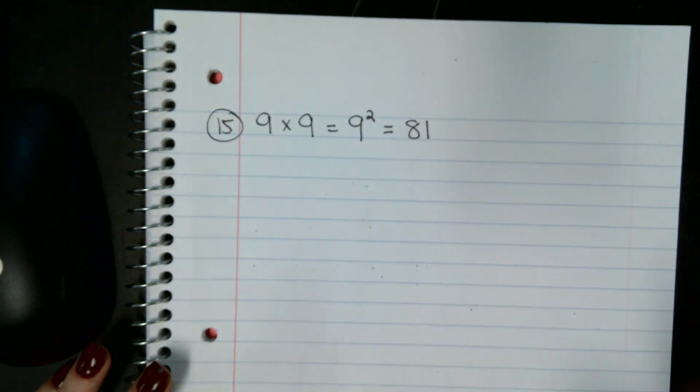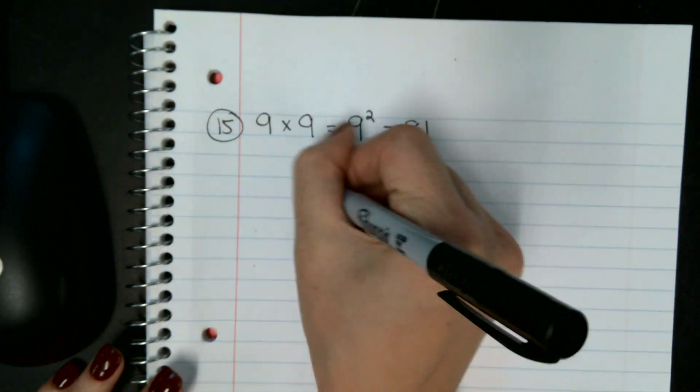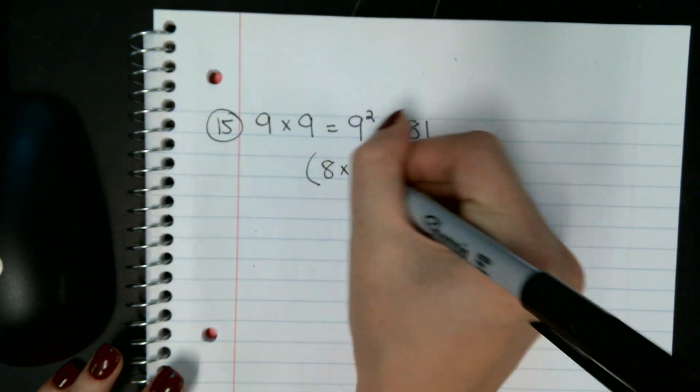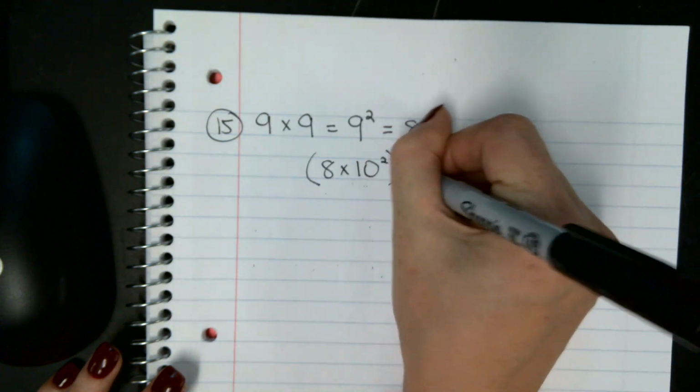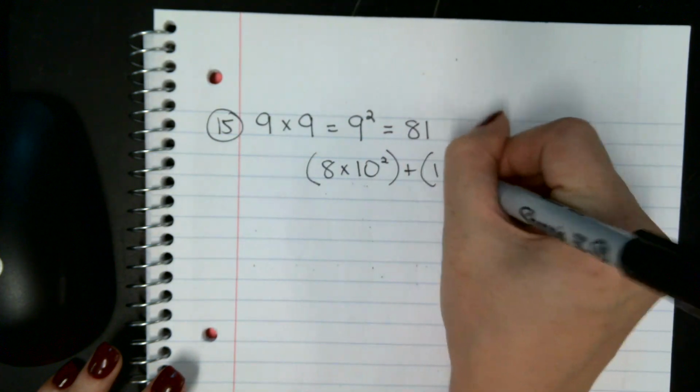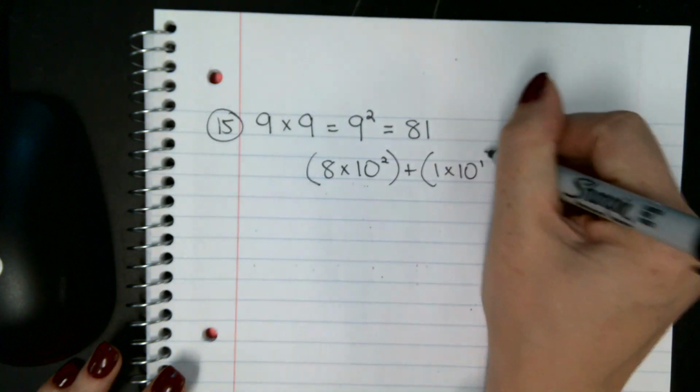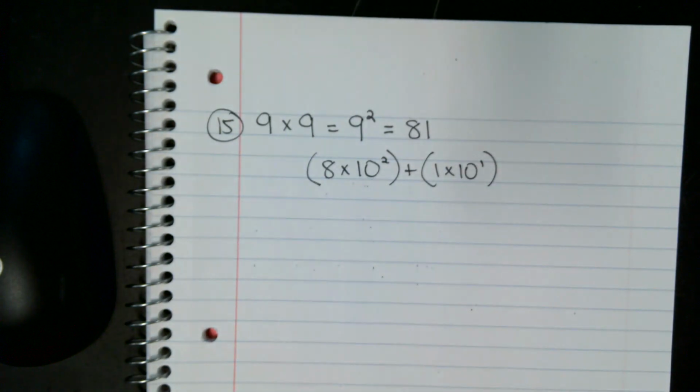If we were to blow 81 up in expanded form, it will be 8 times 10, it's in that second power there, plus 1 times 10, that is the first power. All right. Go ahead and write that one down, and then we'll go to 18.